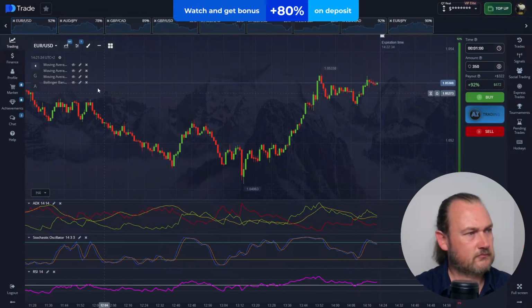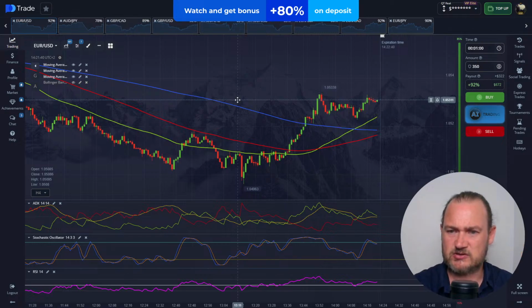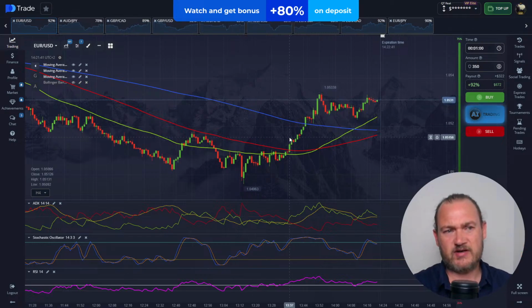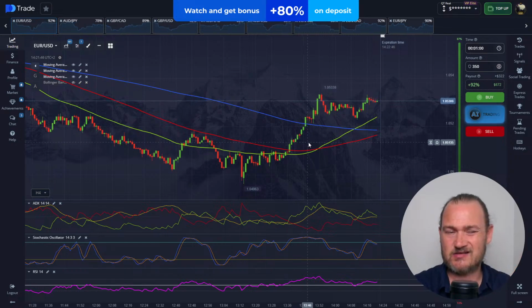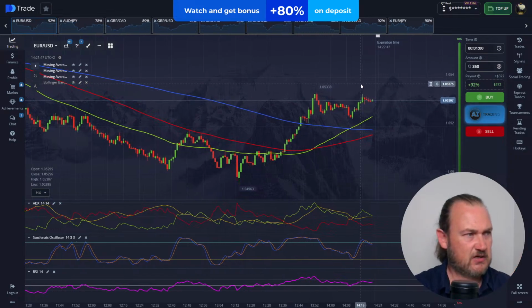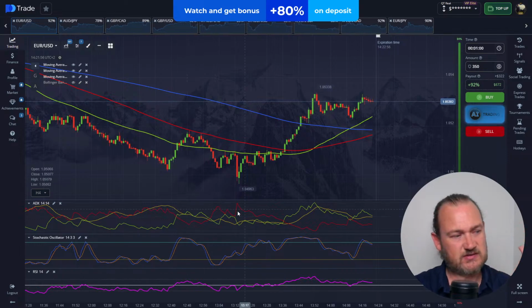Okay. And then I've got three moving averages on my chart. These are simple moving averages, and it's a 50, a 100, and a 200. These are the classical moving averages that people have been using for ages. And then, as you guys can see, I've got the ADX and the RSI all set to default values.